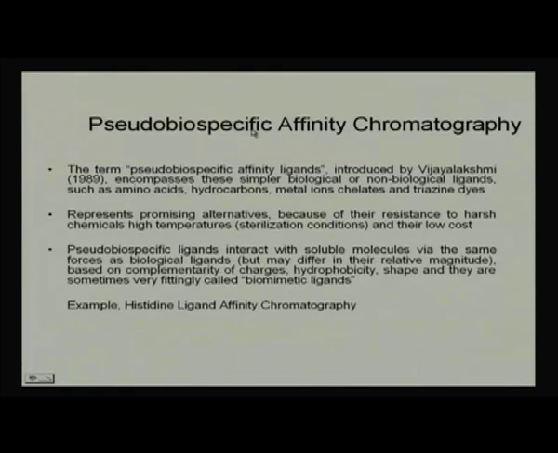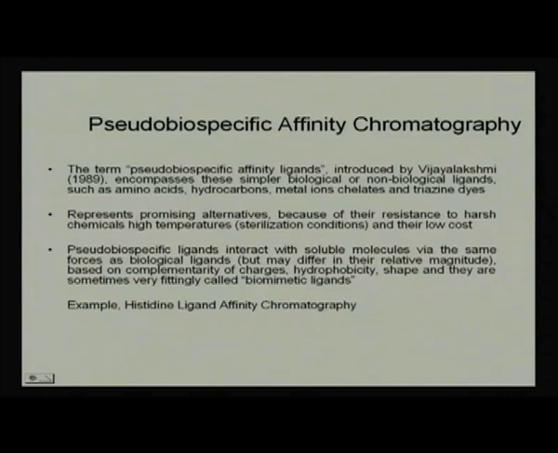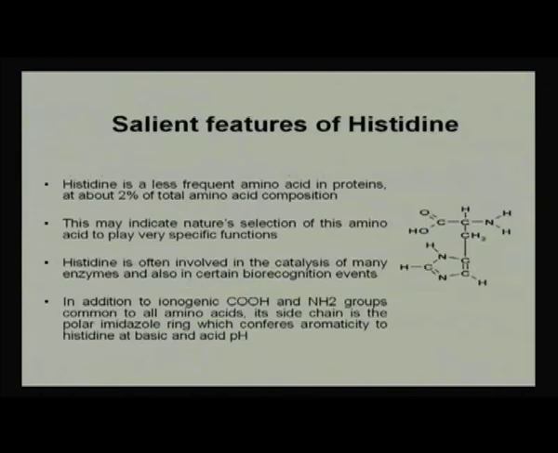Now, when we are talking about affinity chromatography, I have already mentioned that pseudo biospecific affinity chromatography is one such affinity chromatography where we can separate through biomimetic properties, and histidine ligand chromatography, IMAC, immobilized metal chelate affinity chromatography, and diligand affinity chromatography are some examples which come under this pseudo biospecific affinity chromatographic technique.